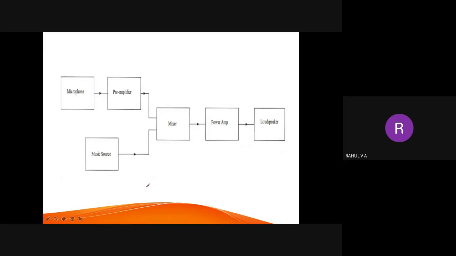That means background music will be going on, or when he is singing there will be a lot of instruments kept near to him, and to all instruments there will be mic connected. So there will be a lot of mic, and there will be musical instruments like mobile phone, computer, or CD player, etc., while conducting such a function. So at that time we will be having an additional component called mixer.